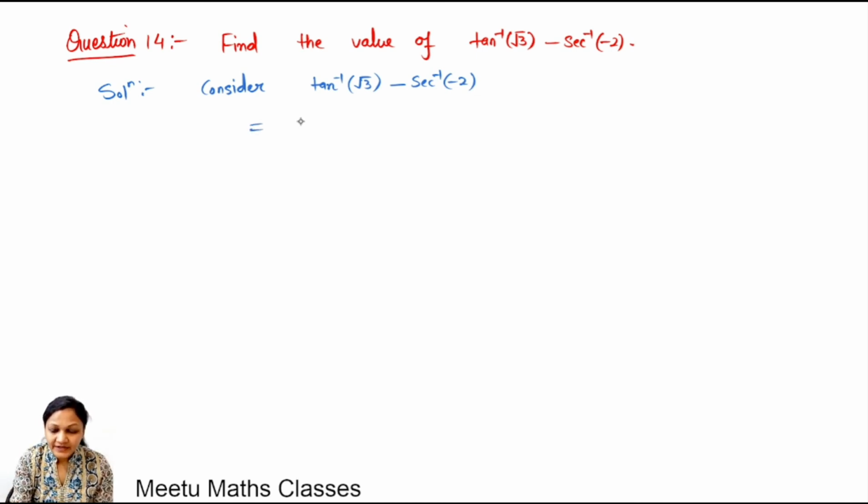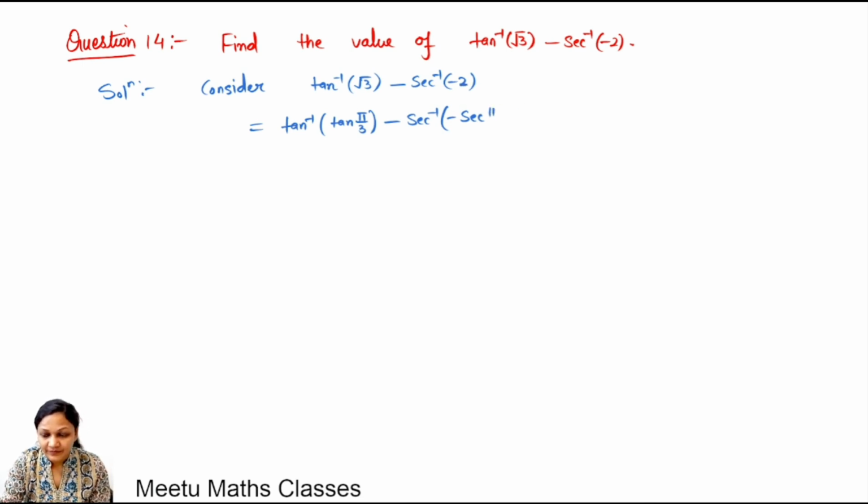Now, tan inverse of root 3 can be written as tan inverse of tan pi by 3, and 2 can be written, in terms of sec, as sec pi by 3. Okay.